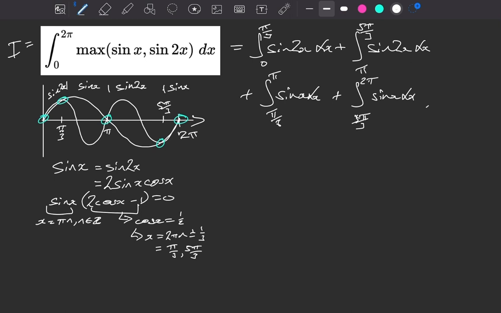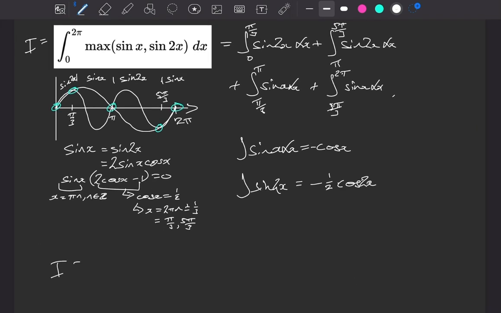If we integrate these individually, the integral of sine of x, nice and simply, is the negative of cosine of x. And the integral of sine of 2x, very similar, we're going to have negative 1/2 of cos 2x. So plugging this all together then, this will give us negative 1/2 of cos 2x.